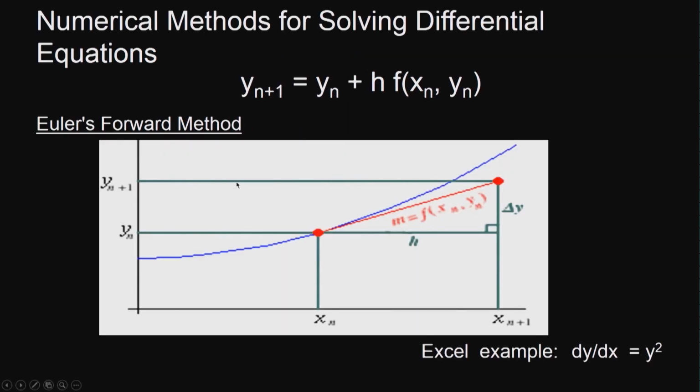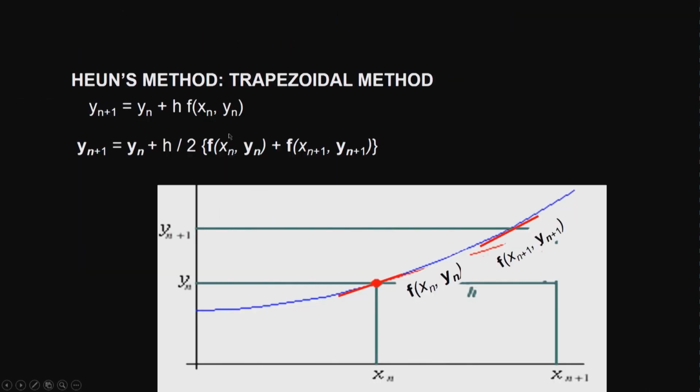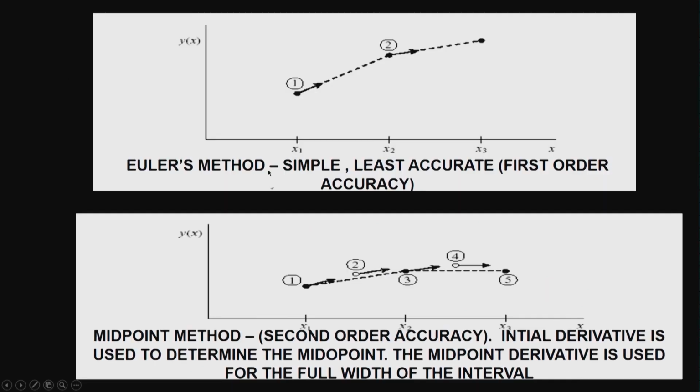As I said, this is Euler's method. Then we have the trapezoidal method, which takes an average of the slope at xn yn and xn plus 1 yn. If you look at Euler's method, it is simple, least accurate, a first order method.